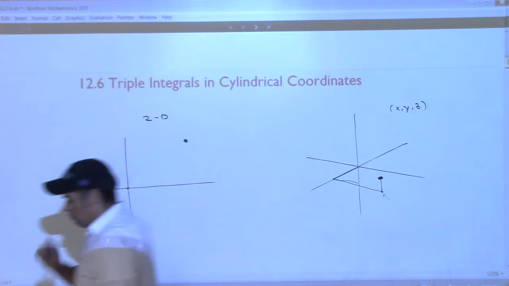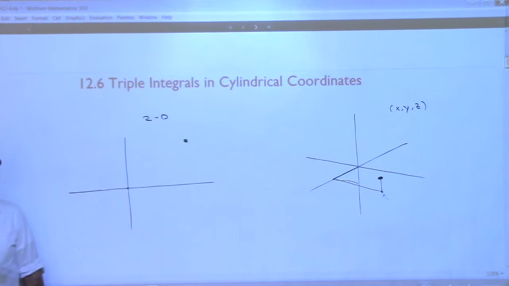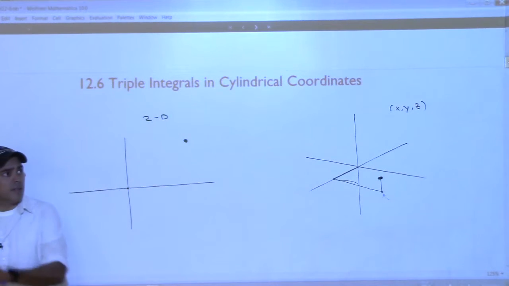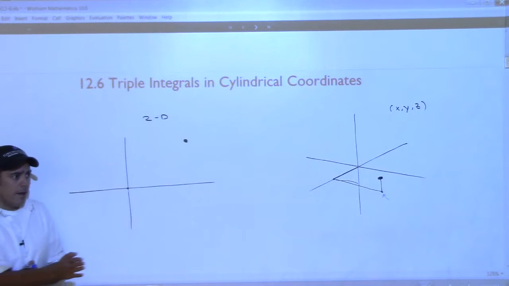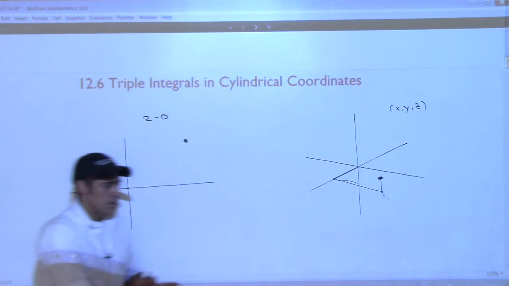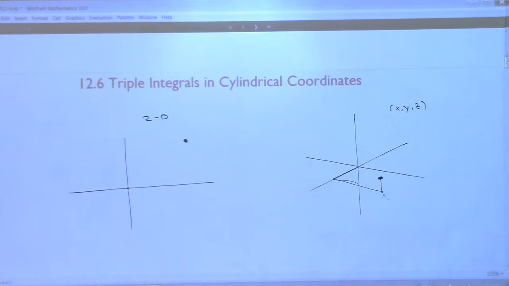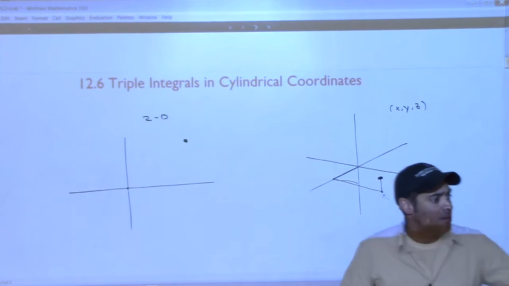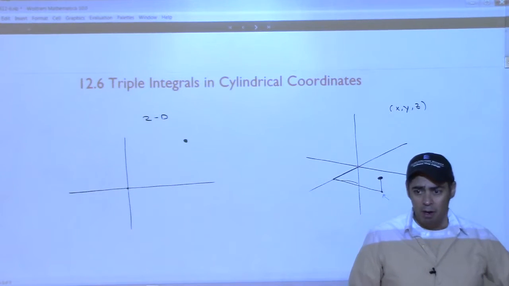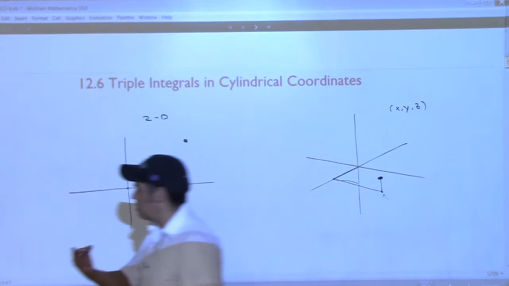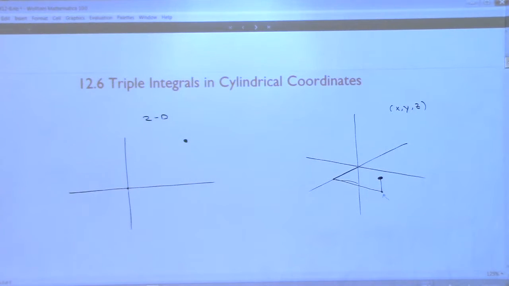Or polar would be, instead of me going out x and then y, somebody telling me theta, right? Then r, that's just like polar. But now, how do I get up there? Well, just give me z, and that'll tell me how far up or down to go. So in three-dimensional space, polar becomes what we call cylindrical.